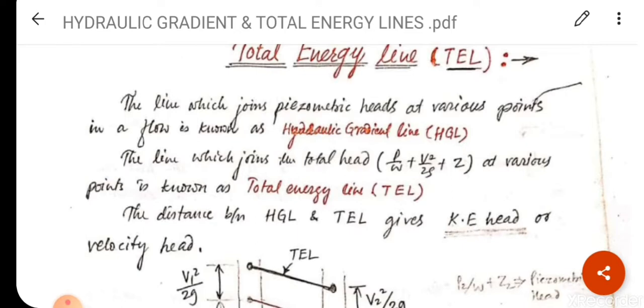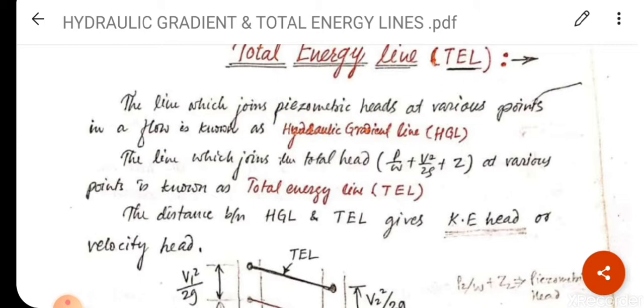So the total energy line is the line which joins the total head, P by W plus V square upon 2G plus Z, at various points. It is written as TEL, total energy line.